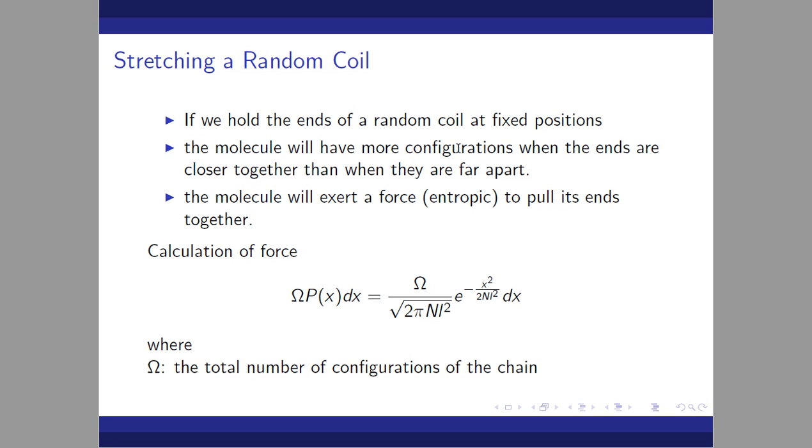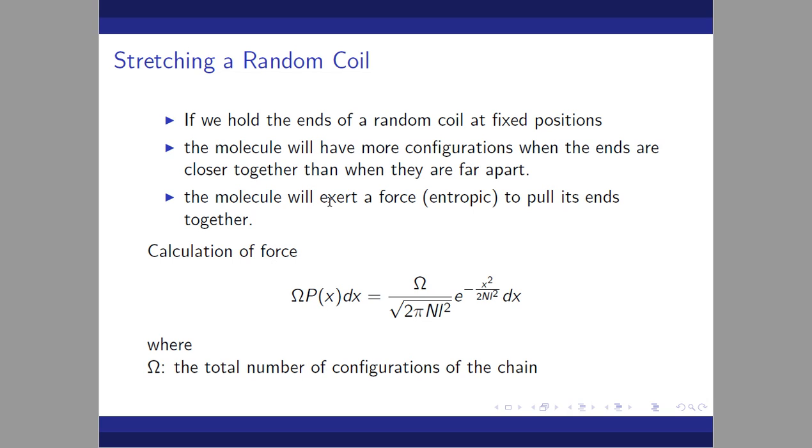So more conformations, because of the molecular forces that interact with each other. But if the ends are far apart, there will be less molecular force, so they will have fewer configurations.